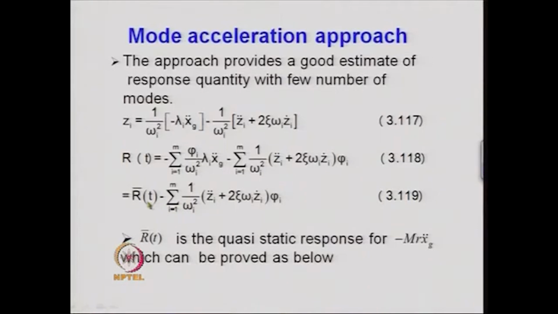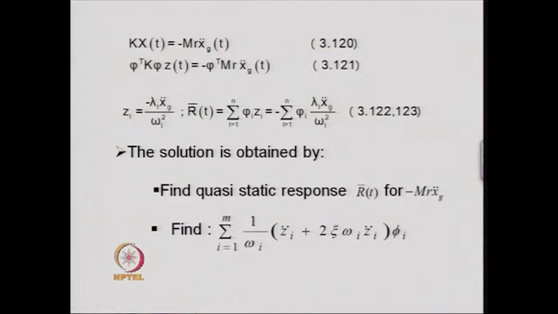And in most cases, we see that this quasi-static part predominates the response quantity of interest. Therefore, we obtain the response by this mode acceleration technique, and we can get a better result by considering only the first few modes of the structure.